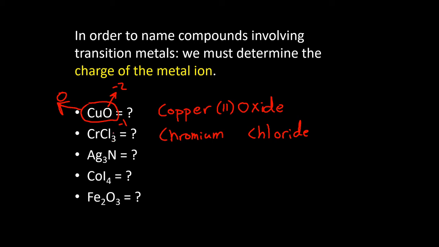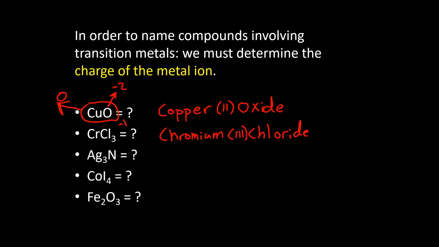So we're going to have -3 from the chlorines, -1 from each. So if the whole thing is going to be 0, that means the chromium must be +3. So it would be chromium 3 chloride.